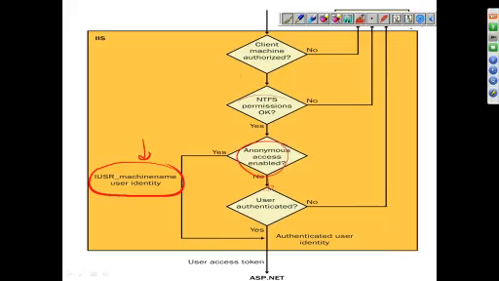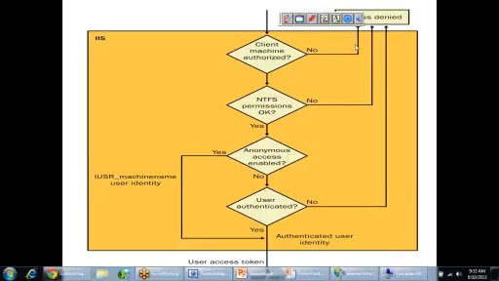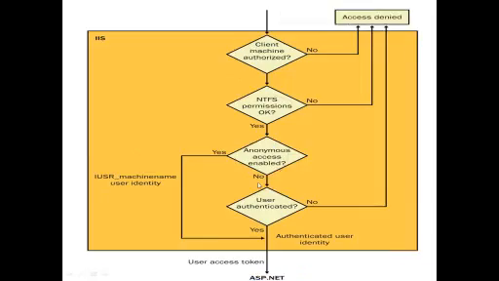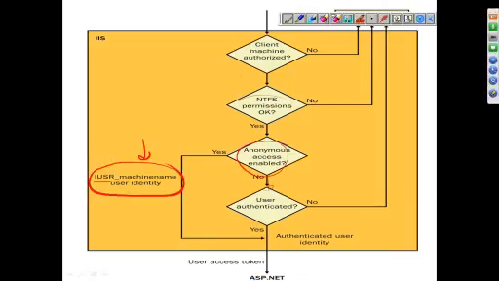Otherwise, the identity is assumed. In IIS 6.0, the default identity is IUSR underscore machine name. So if I have IIS 6, my default identity will be IUSR underscore my machine name. But in IIS 7, it is just IUSR.